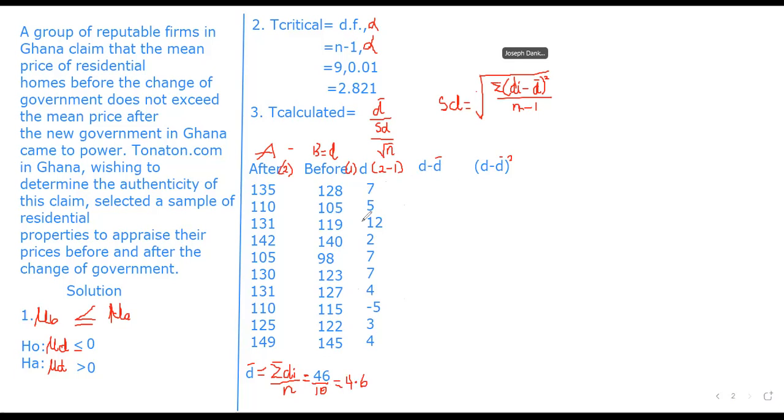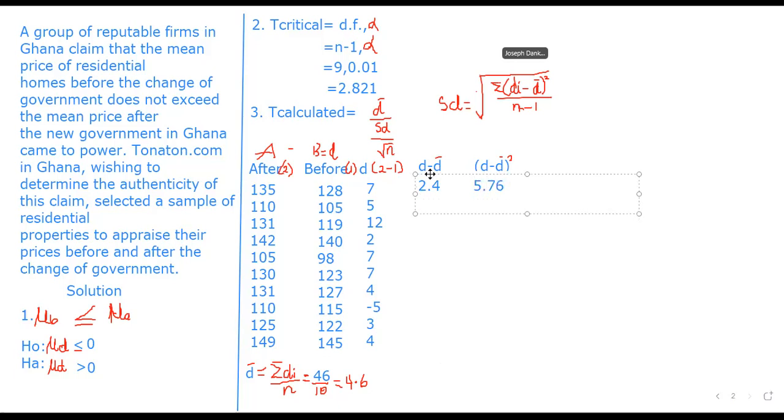This D minus 4.6, the first one is 2.4. Square it, you get 5.76.